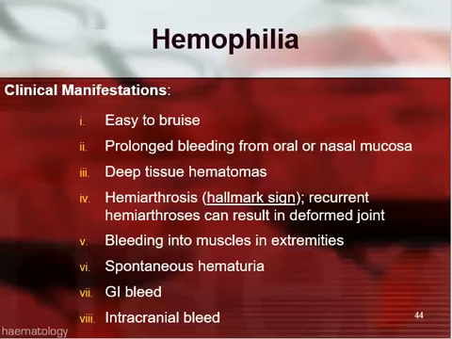If this happens enough, it causes inflammation, a lack of lubrication, and it can cause deformations in the joint. Now remember, these are congenital genetic issues. They're there from an early age, so during growth and during childhood. And so joints will become very deformed. A lot of times there's bleeding into the muscles, especially in the extremities, because you use the muscles of the extremities more.